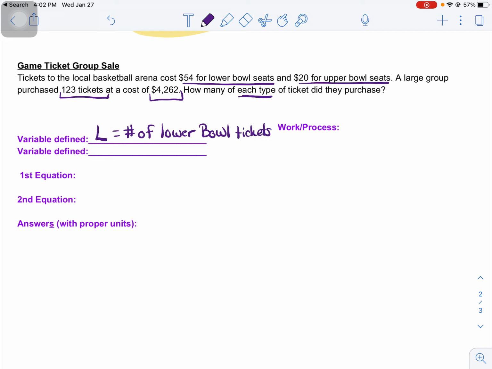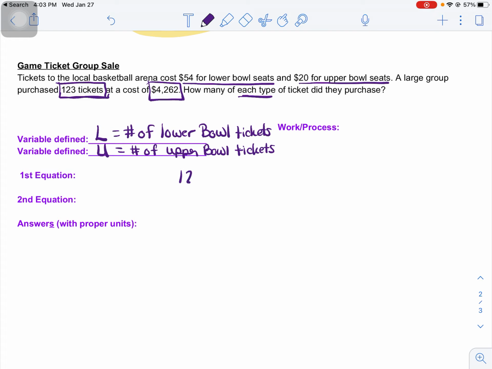And we use maybe U for the number of upper bowl tickets, or upper level, we could say. All right, so for our first equation, we have to think about the total number of tickets, what makes up 123 tickets, and then we have to think about money. So we have one for money and one for total tickets.